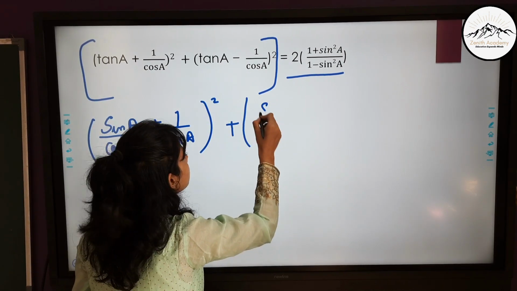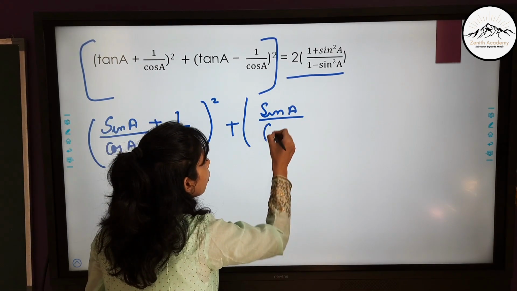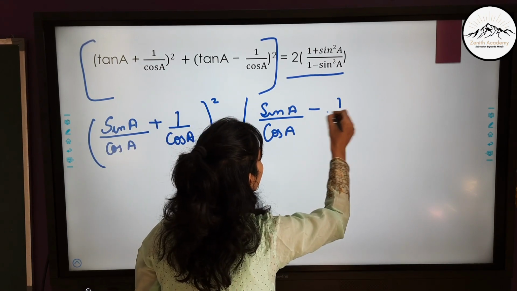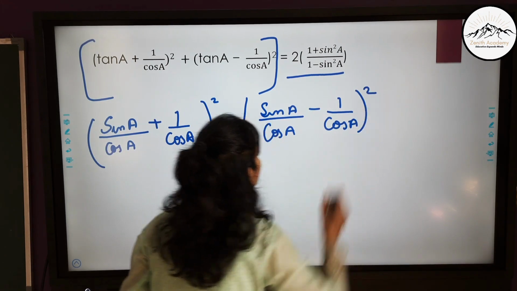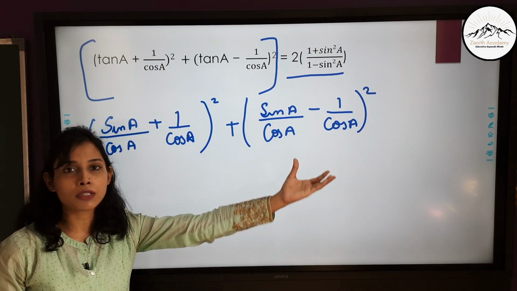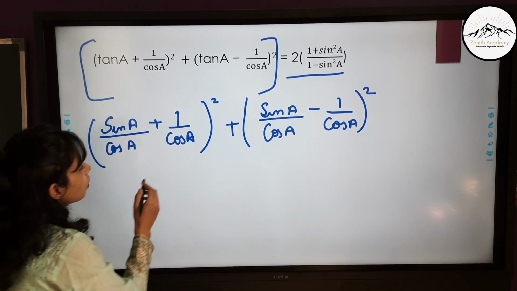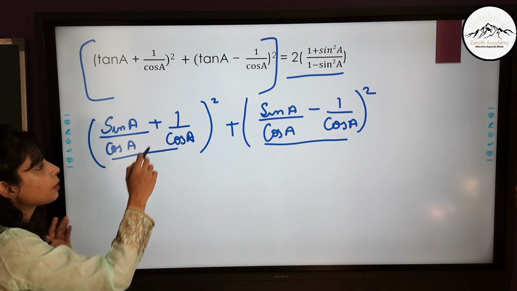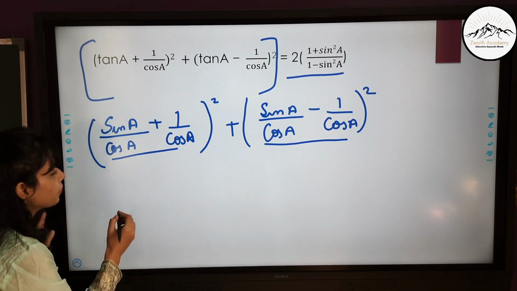So sine a upon cos a minus 1 upon cos a whole square. Now we have a plus b whole square and a minus b whole square. Just solve it, open the brackets. See, denominator is common. So this is sine a plus 1 upon cos a whole square and sine a minus 1 upon cos a whole square.